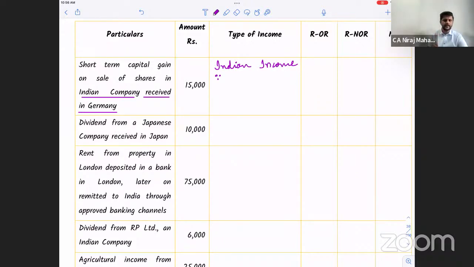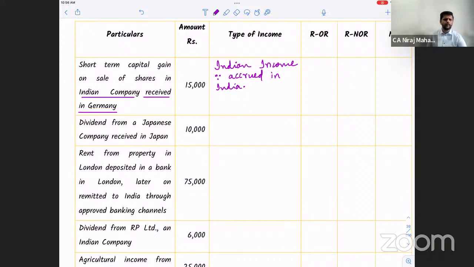Even if one of accrual or receipt is in India, it is Indian income. It is accrued in India but received outside, it is Indian income.